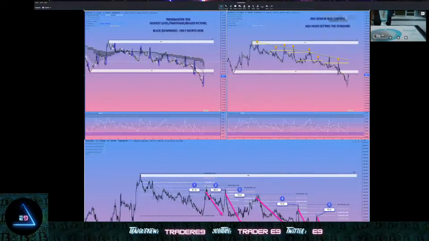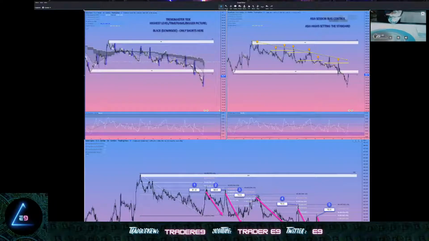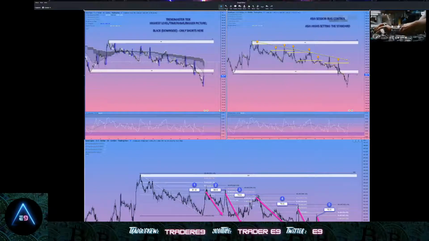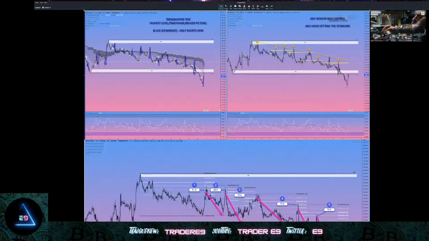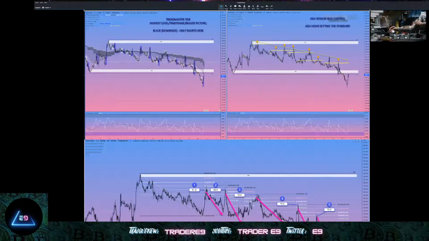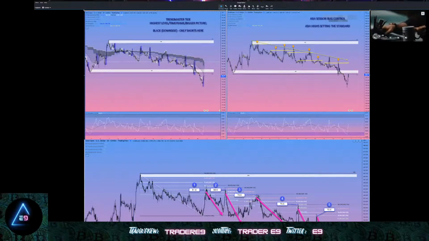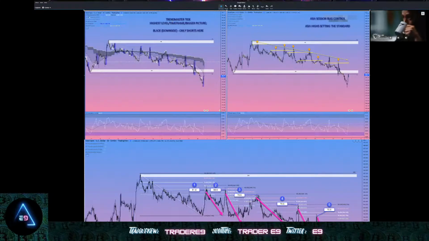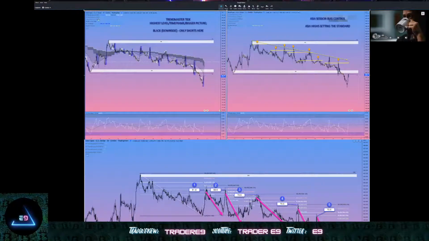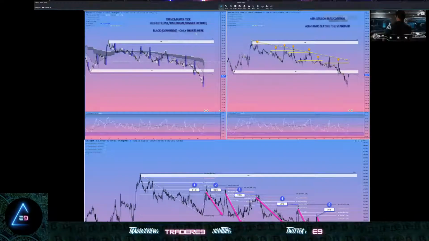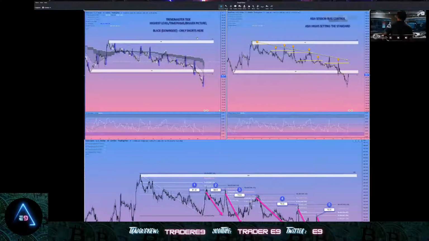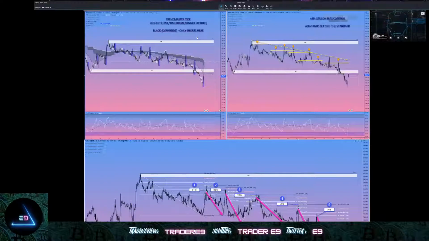And when the trendmaster tide is black, we're only looking for shorts. That needs to be clear. Now when the tide is short, you can use the wave and the ripple to see that tide turn.